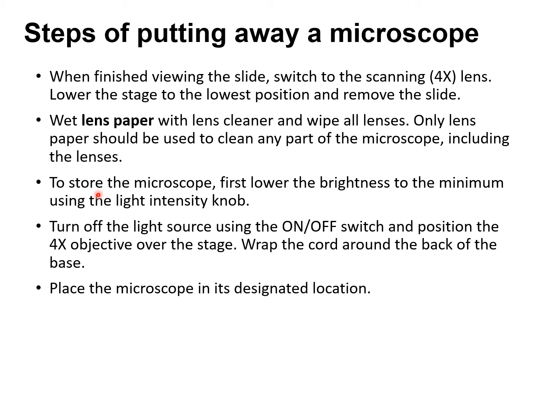And then to store your microscope, lower the brightness to the minimum using the light intensity knob. Turn off the power of your microscope. Place the 4x objective over the stage. Wrap the cord around the back of your base. If your microscope has a cover, go ahead and cover it up and put your microscope in its designated location.